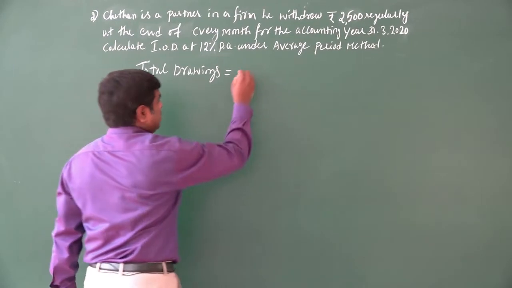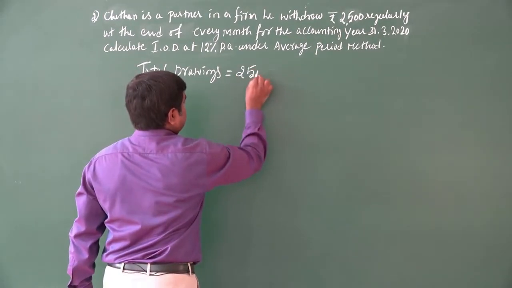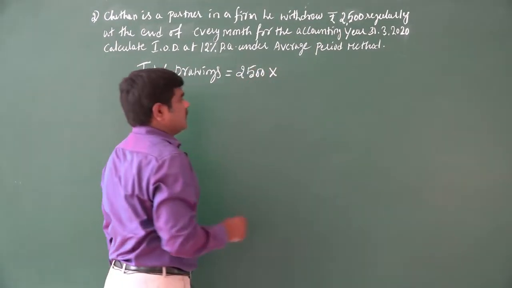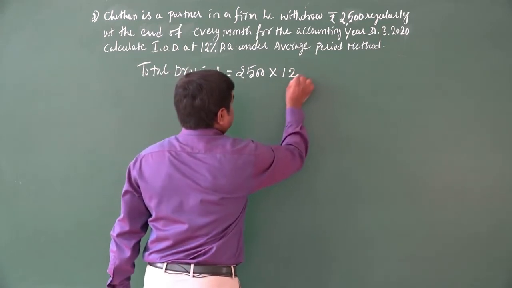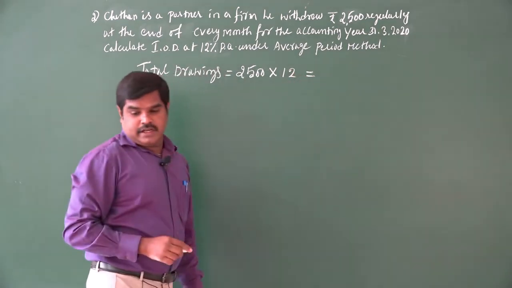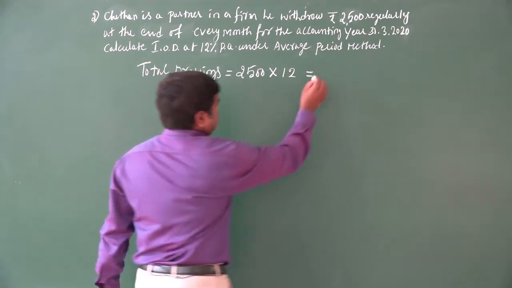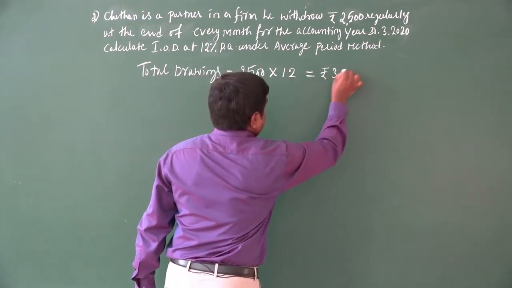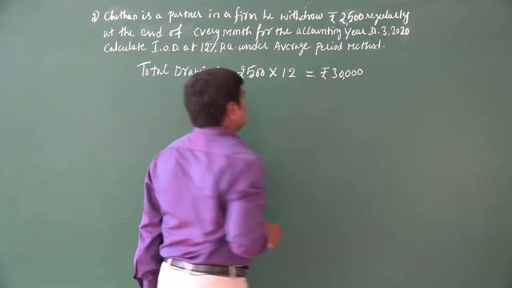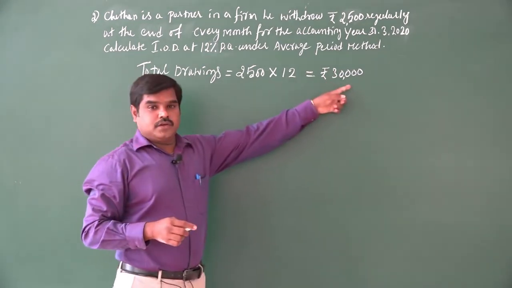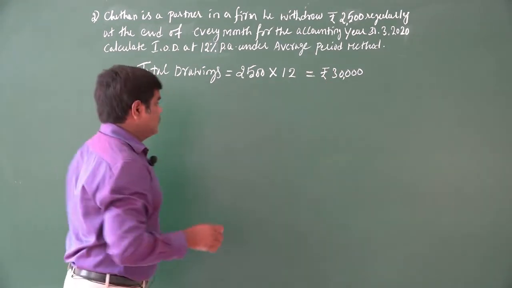Total drawings monthly 2,500 into 12, so 30,000 total drawings.